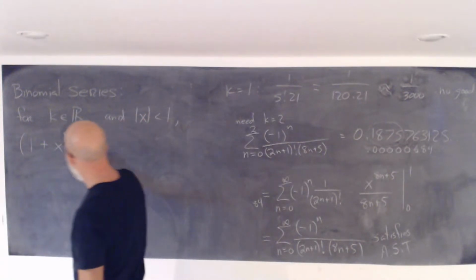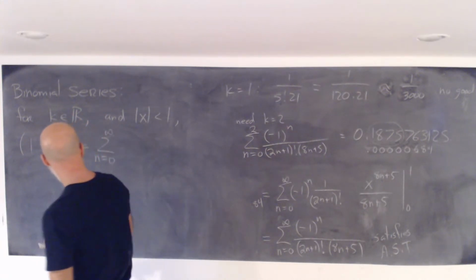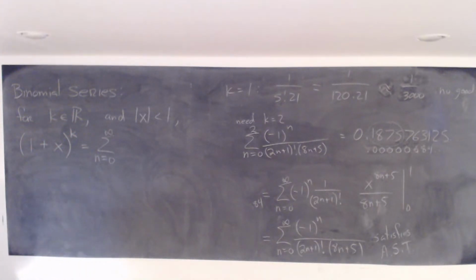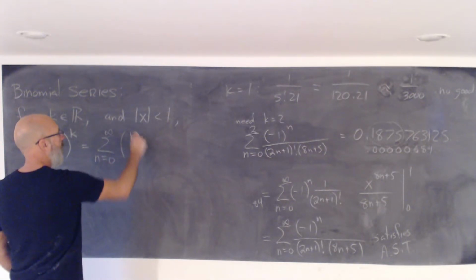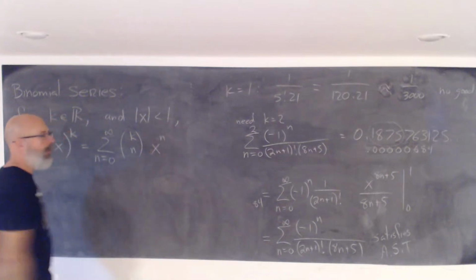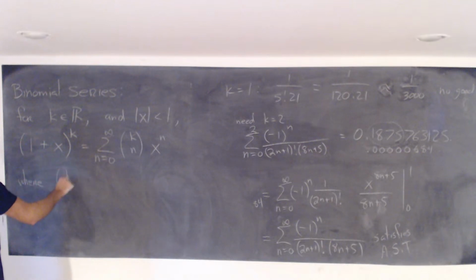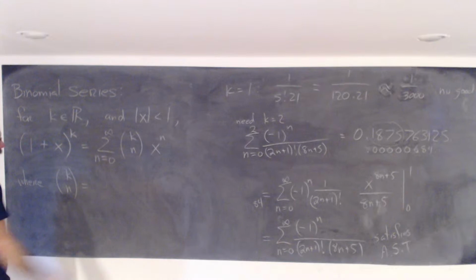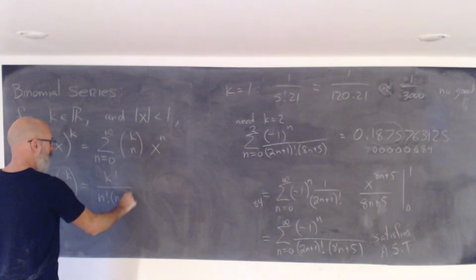And the theorem tells us that this is the sum of k choose n, x to the n, where k choose n is k factorial over n factorial times k minus n factorial.